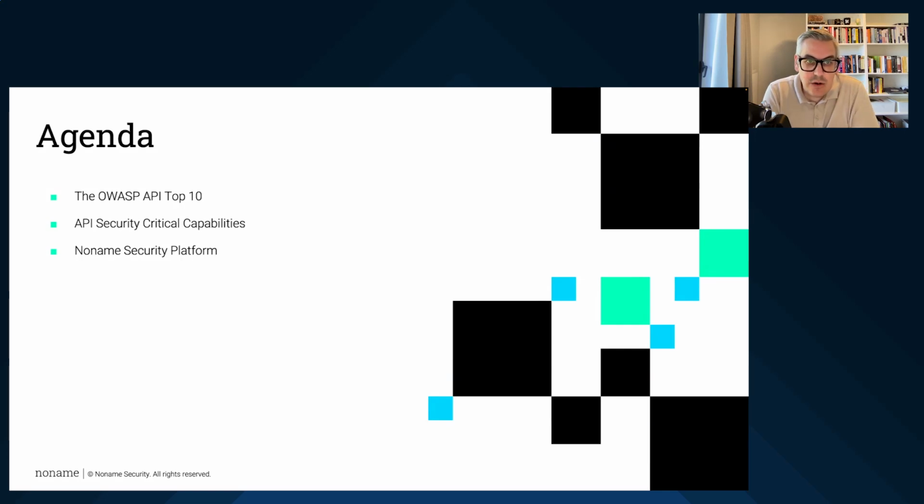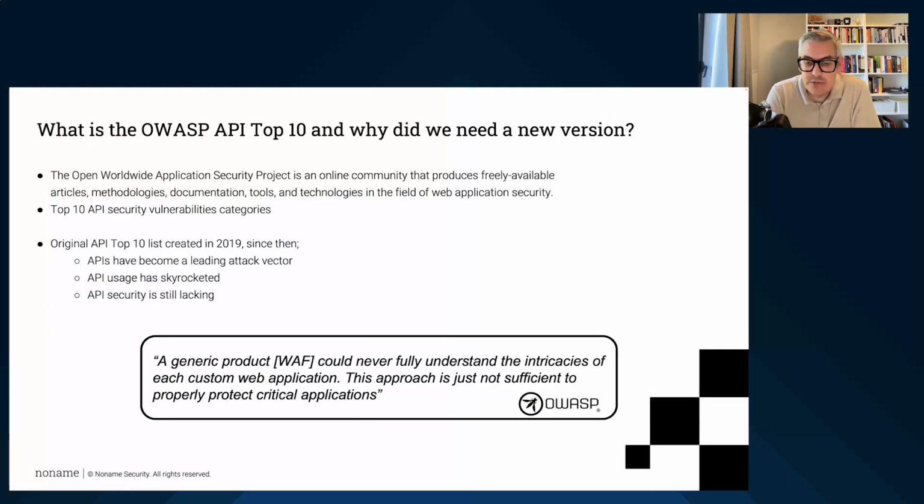So, what is the OWASP API Top 10 and why did we need a new version? OWASP, or the Open Worldwide Application Security Project, is a free-for-all community. Everybody can join. They provide a lot of documentation, training, but also tools and technologies specifically around application security. Their goal really is to make sure there are no insecure applications anymore going forward.